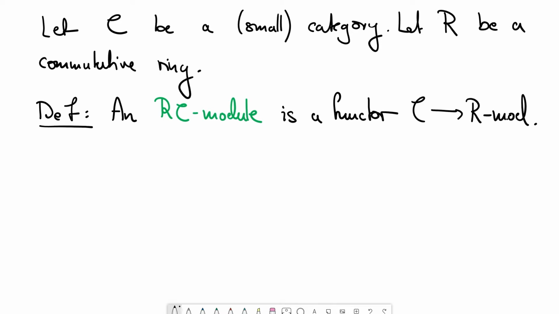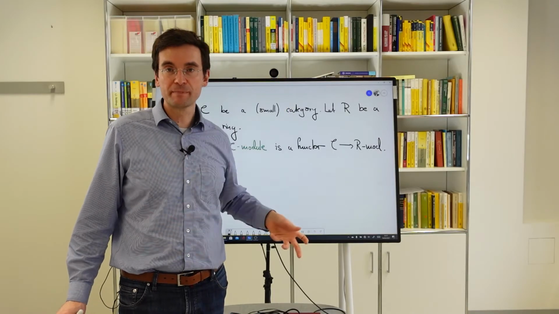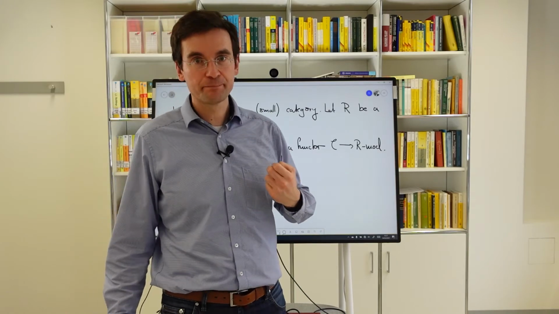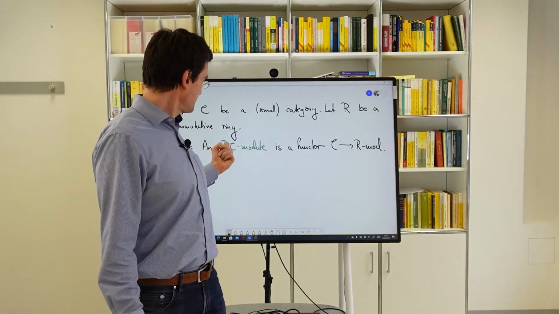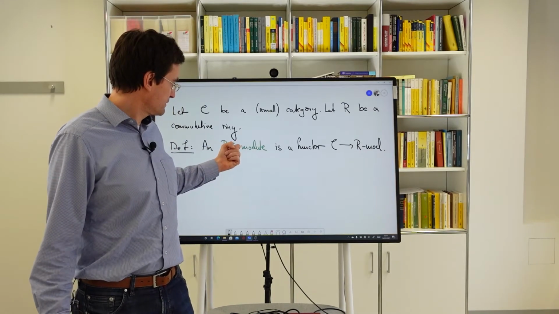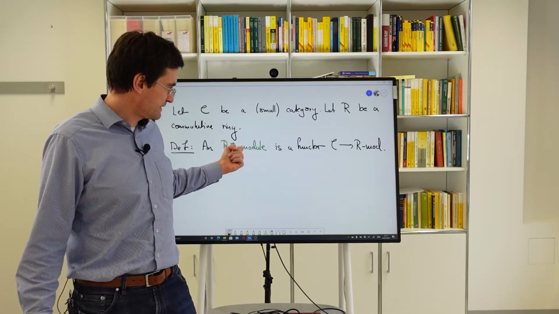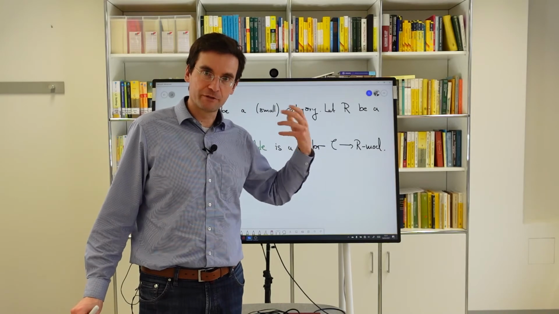And the motivating example for that notion is when the category is a group. Remember that we can view any group as a category with just one object and the group elements as morphisms. And then such a module, if C is the category of a group, is just a module over the group ring of the group.